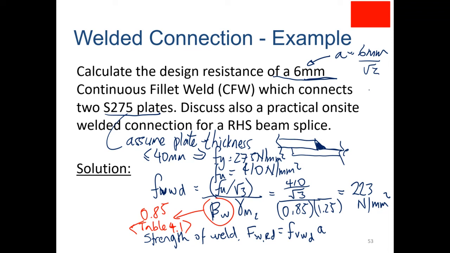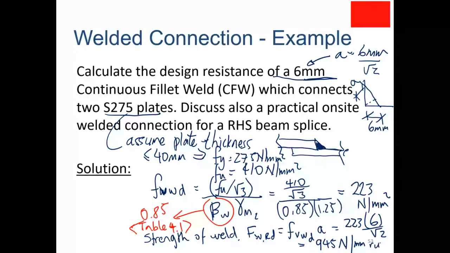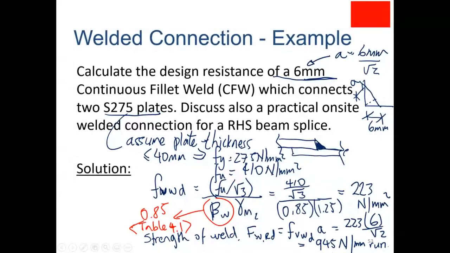Okay, because let me draw the weld over here. So we said it's 6 millimeters. I want to work out what A is, which is this value here. So the leg length is 6 millimeters, so 6 millimeters divided by square root of 2. So that's 223 multiplied by 6 divided by square root of 2, and that's equal to 945 newtons per millimeter run.